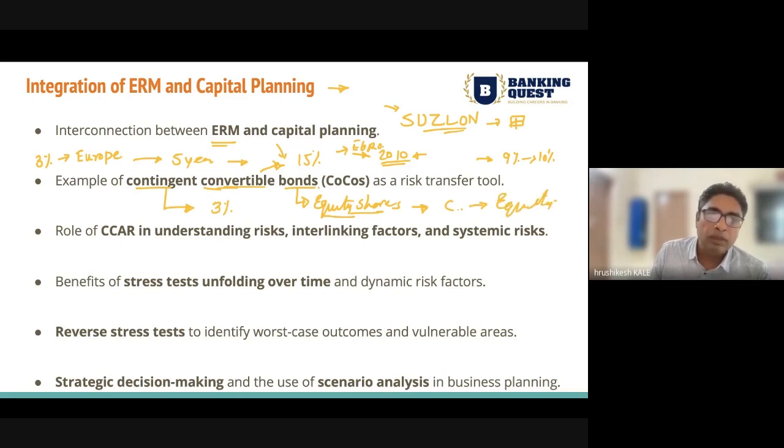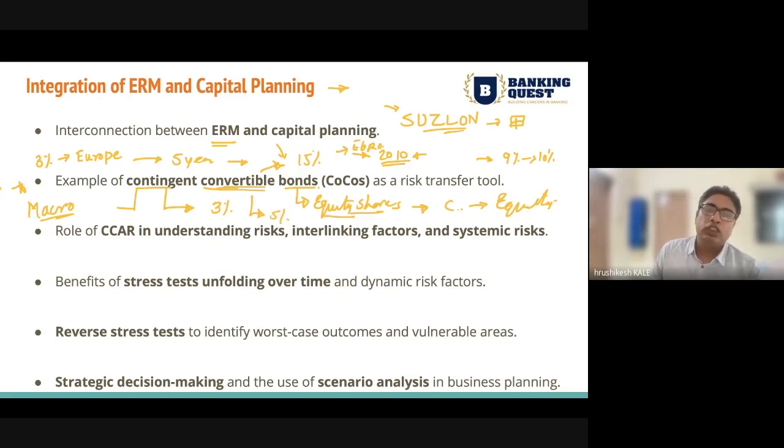What will happen because of this? The immediate liquidity requirement of the bank or a company will reduce. But these are based on a macroeconomic event, okay? And not on company-specific risk. So you cannot have a contingent convertible bond saying that if profitability is less than 5%, let's convert your bonds into equity share.